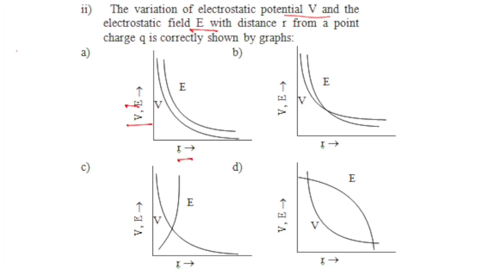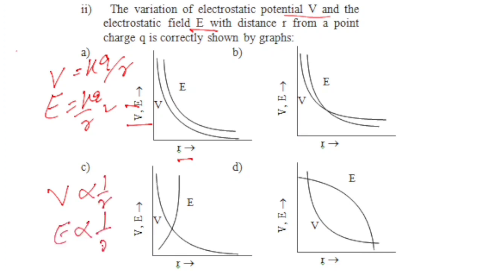You know, for a point charge, what is the formula for V and what is the formula for E? You must know. For a point charge, V is KQ by R, and E is KQ by R square. It means V is proportional to 1 by R and E is proportional to 1 by R square.